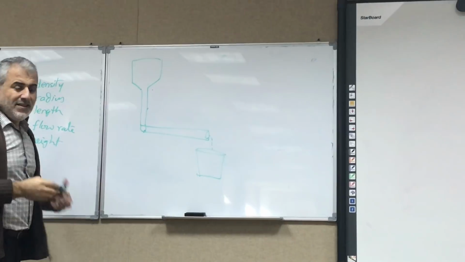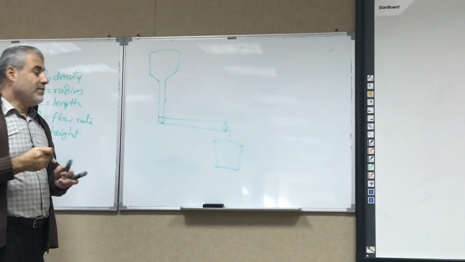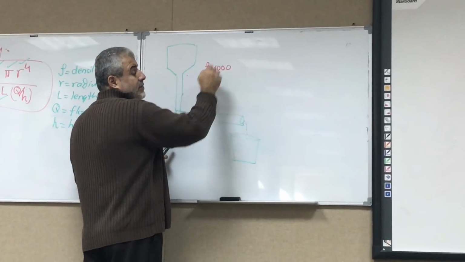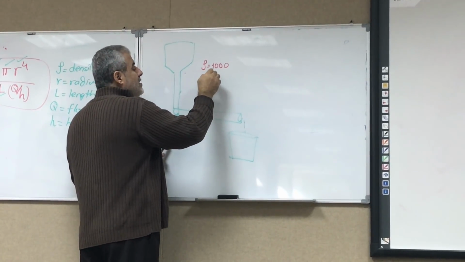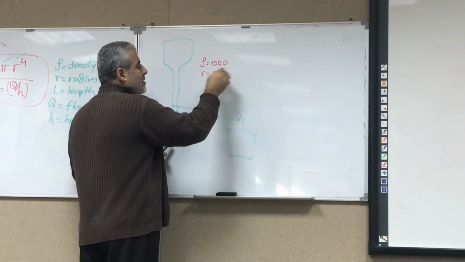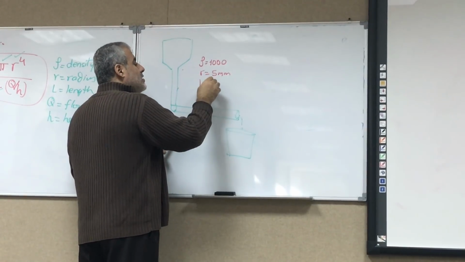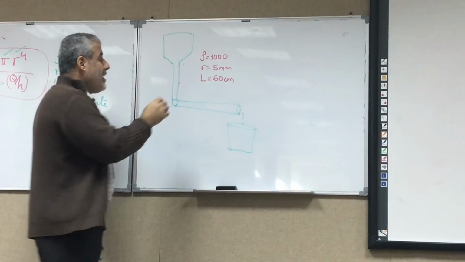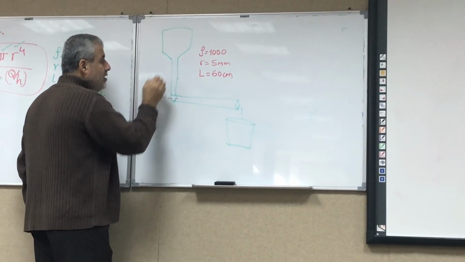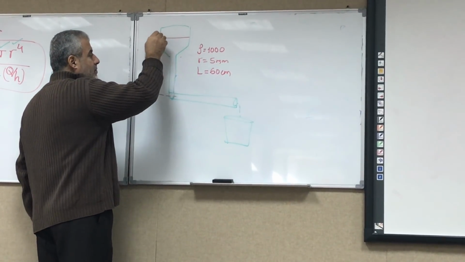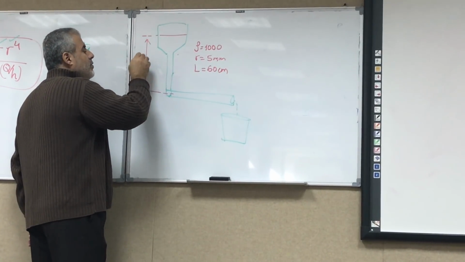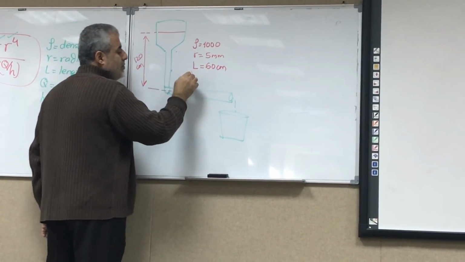See what is given here: rho is 1000, R is, say, 5 millimeter, L is 60 centimeter, and H, say, is 120 centimeter.